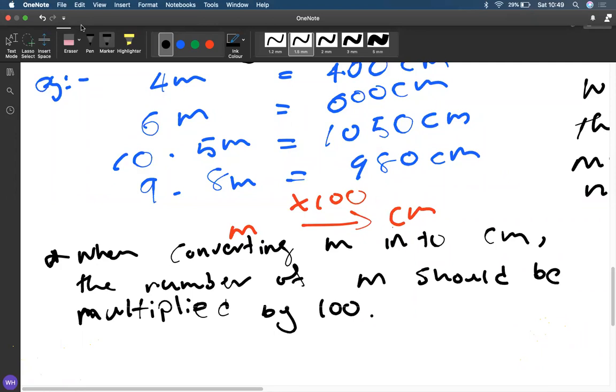Good. Have written this in black color as well. When converting meters into centimeters, the number of meters should be multiplied by 100.